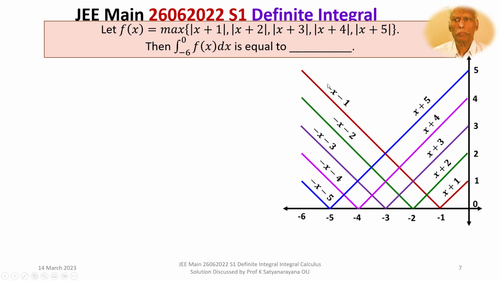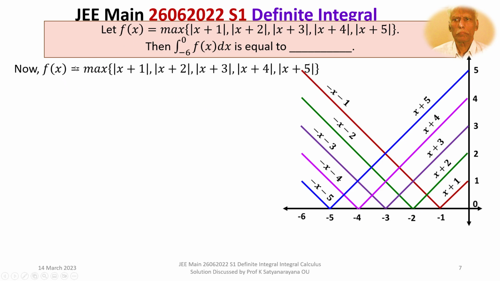That is what we have done so far. And now, what is f of x? f of x is the maximum of mod of x plus 1, mod of x plus 2, mod of x plus 3, mod of x plus 4, mod of x plus 5. The maximum we have to take. Look at the diagram.